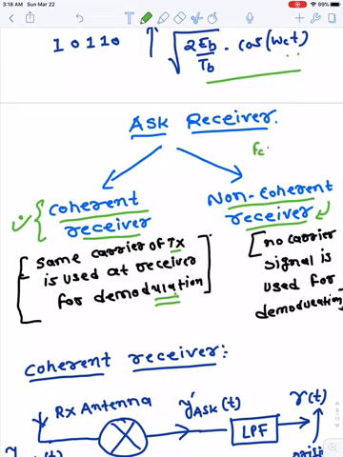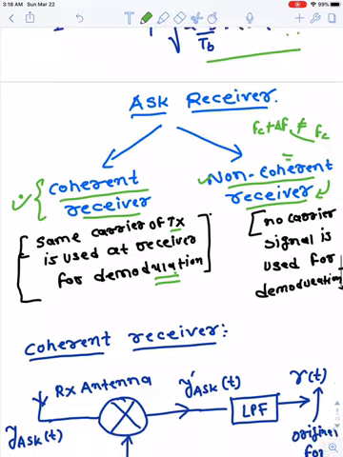You are transmitting fc, but because of Doppler shift you are receiving fc plus delta f, and the receiver has a carrier signal with frequency fc, so they will not match. In this case we have to use the non-coherent receiver. A non-coherent receiver is a receiver which detects the original signal from the modulated version without using the carrier signal.